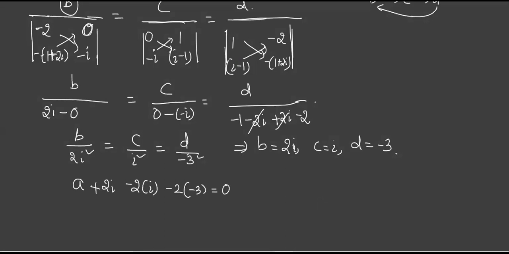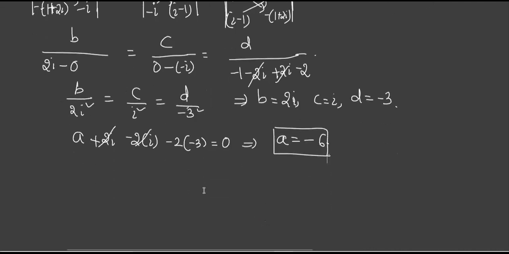Can you tell me what you'll get? These two will get cancelled. Minus 2 into minus 3 is plus 6. So if I shift my 6 here, what is A? The answer for A is minus 6.